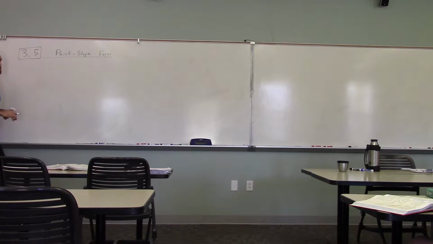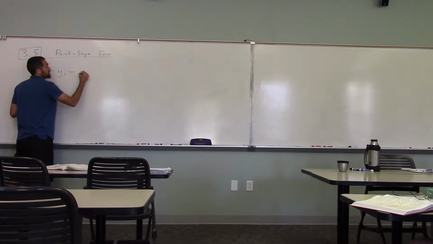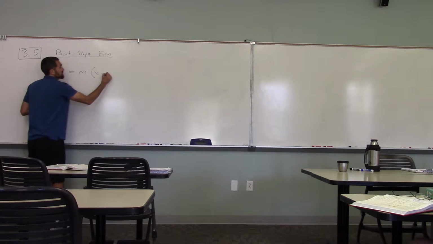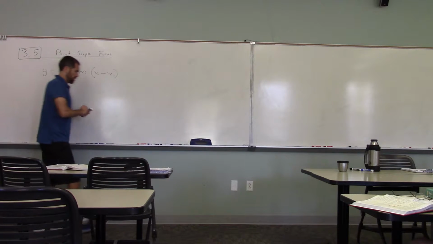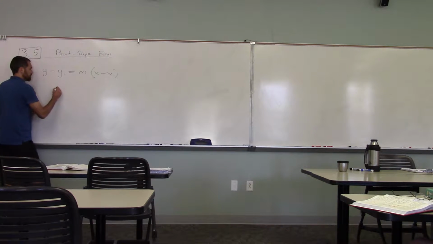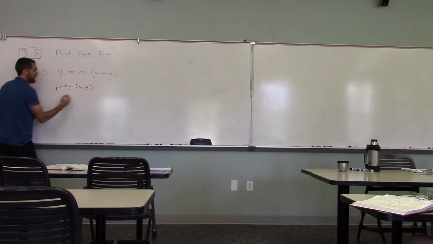So as we said earlier, repetitions, utterly logical. So point slope form, which is written y minus y1 equals m times x minus x1, where you have a point x1 comma y1, and you have a slope, let's just say slope is m.